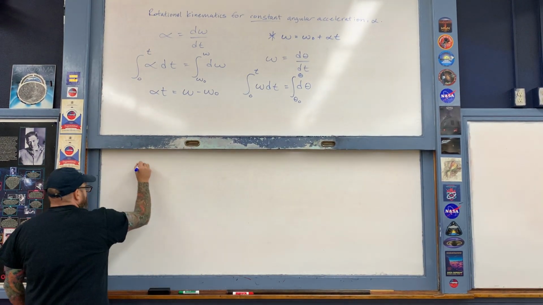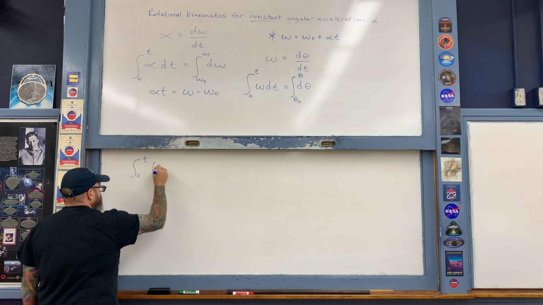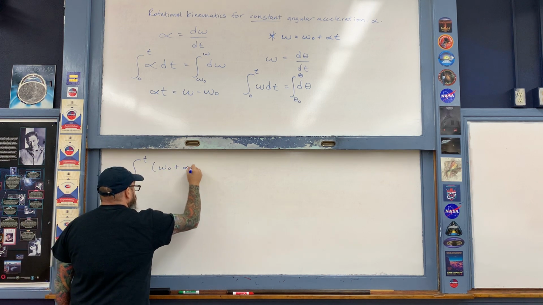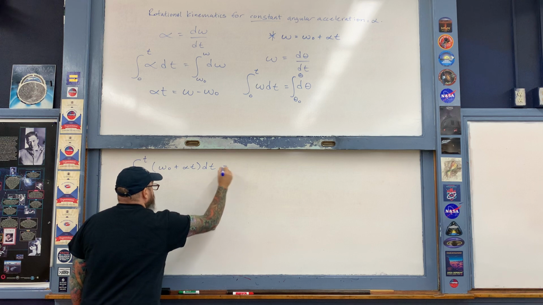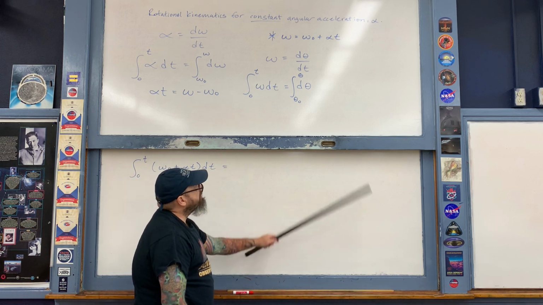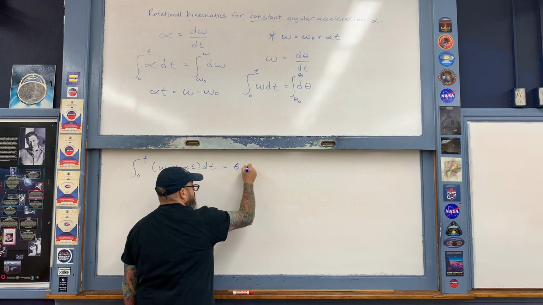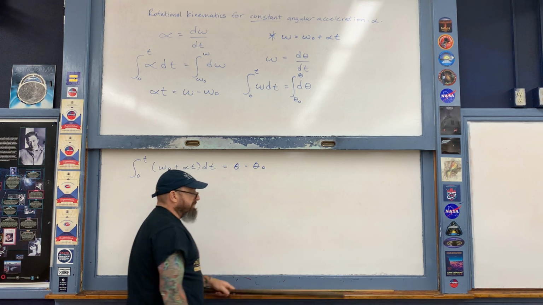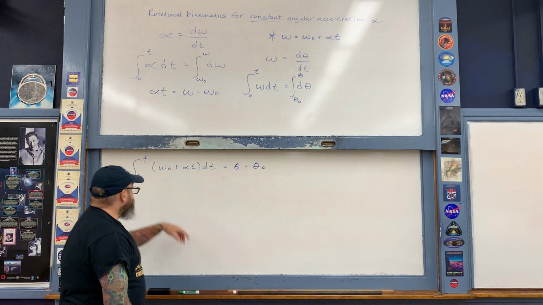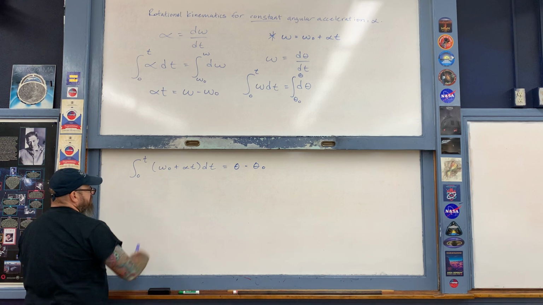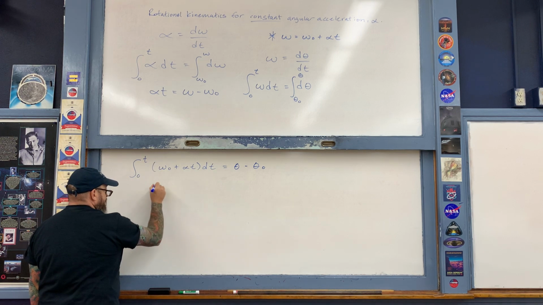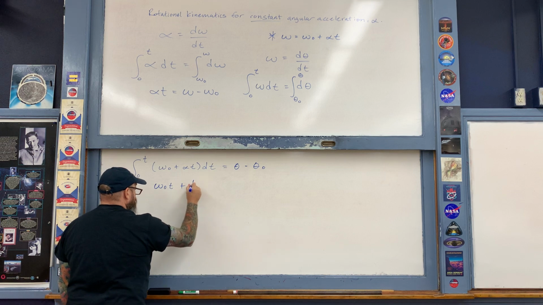So then therefore the left-hand integral becomes the following, like so. But then on the right-hand side of the expression, when we integrate over the angle here and then plug in the limits, you just end up with the change in angular position, like so. Okay, and then let's go ahead and integrate here on the left. When you integrate this quantity and plug in the limits, you end up with the following.